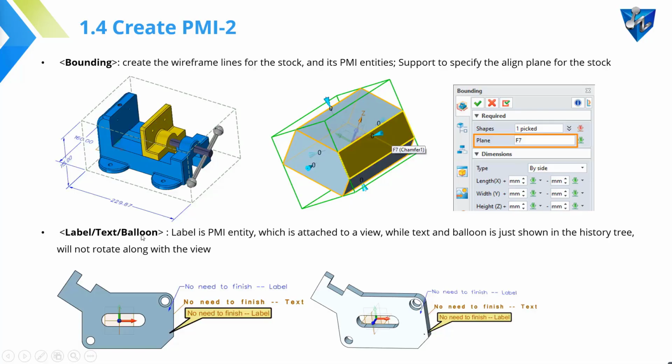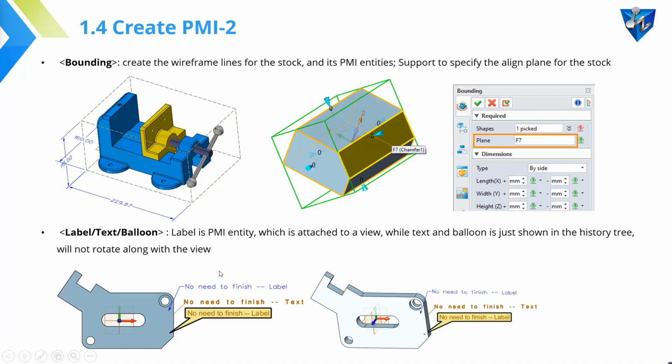And for the label, text, and balloon, they are a little different. Only the label is a PMI entity, which can be shown in the PMI manager, view manager, which is attached to a view, while the text and balloon are just shown in the history tree, which means they are just features.